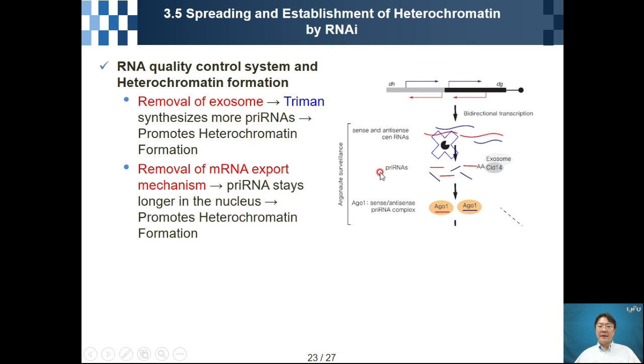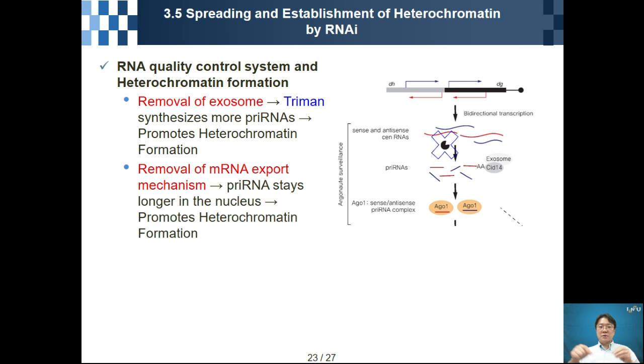Or after the RNA is synthesized, usually the cell has the mRNA export mechanism. So the synthesized RNA transcript can be actively transported into the cytosol. Usually the synthesized transcript or mRNA can be exported outside of the nucleus.